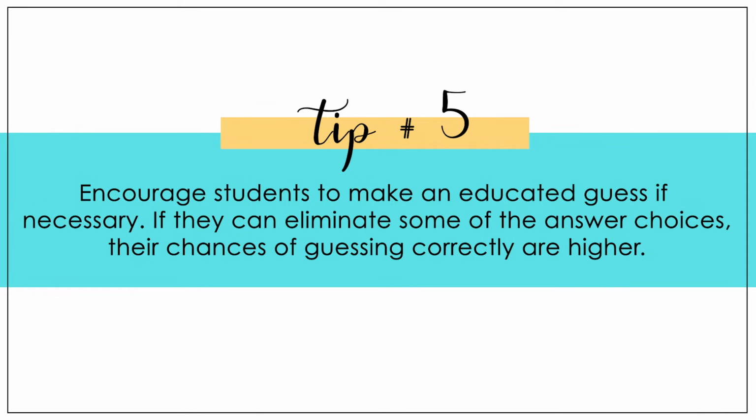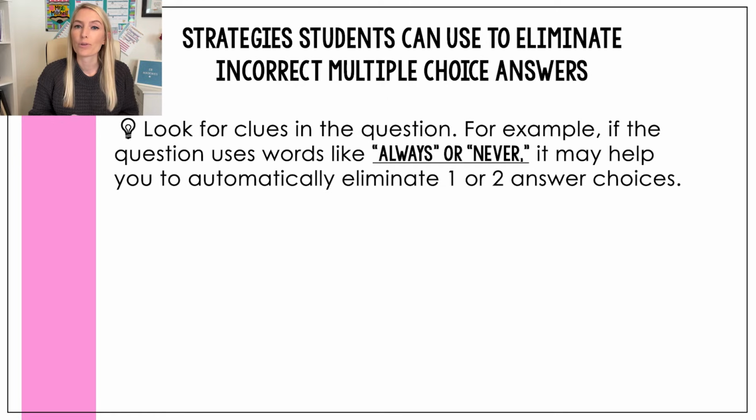And then tip number 5 is to encourage students to make an educated guess if necessary. So if they can eliminate some of the answer choices, their chances of guessing correctly are obviously so much higher. So here are a few strategies students can use to eliminate incorrect multiple choice answers. They can look for clues in the question, right? Some multiple choice questions contain clues that can help students eliminate incorrect answers. So for example, if the question uses words like always or never, it may help to automatically eliminate 1 or 2 of those answer choices.